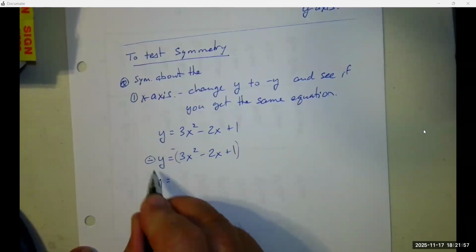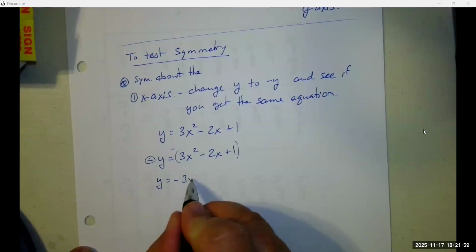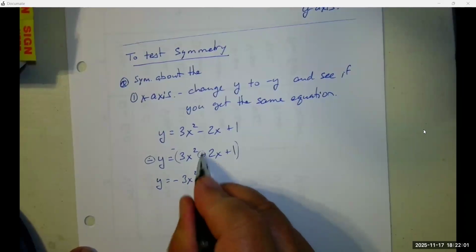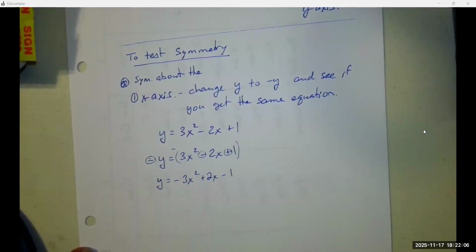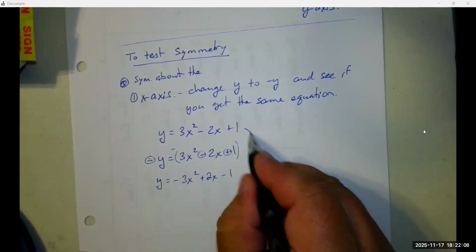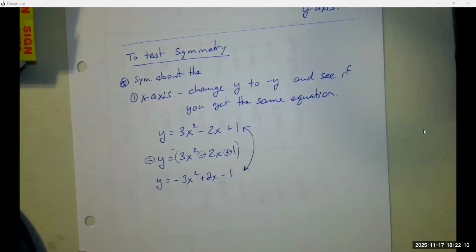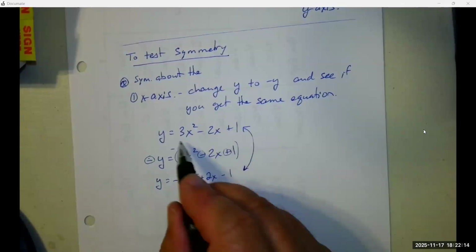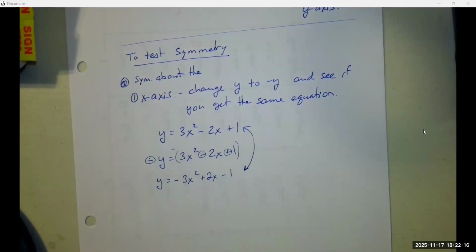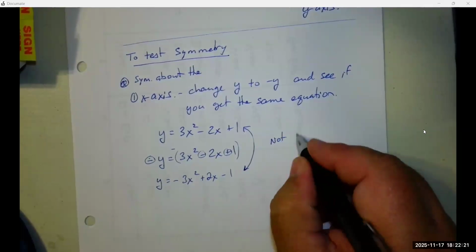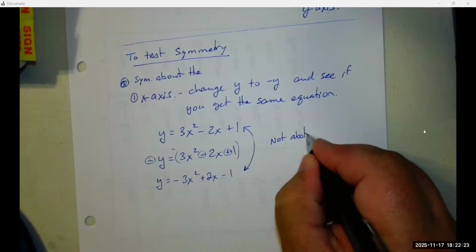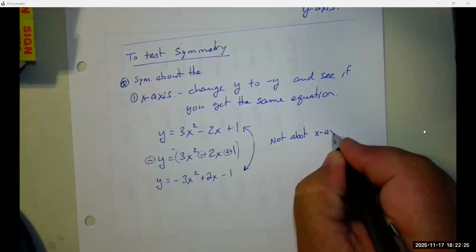So that becomes positive. This becomes a negative 3x squared. This becomes a positive 2x. That becomes a negative 1. So are these two equal equations? No, because all the signs are opposites. So not about the x-axis.